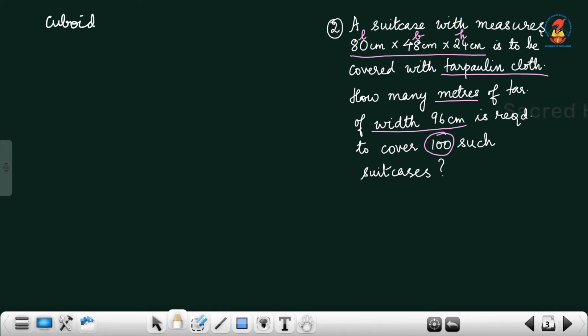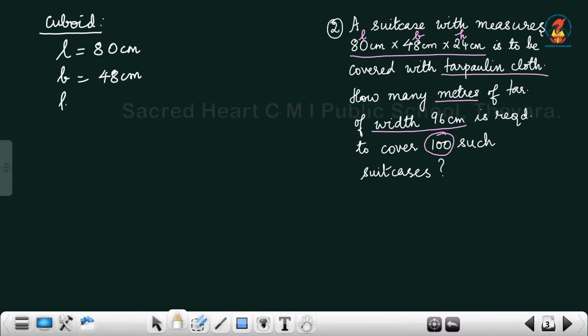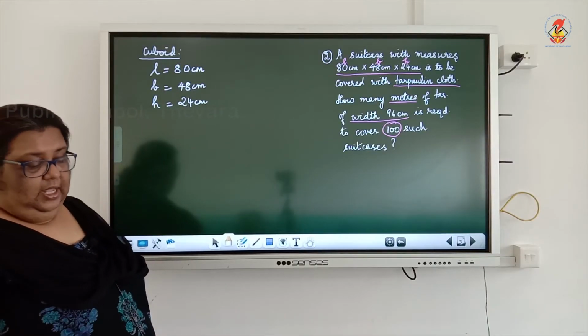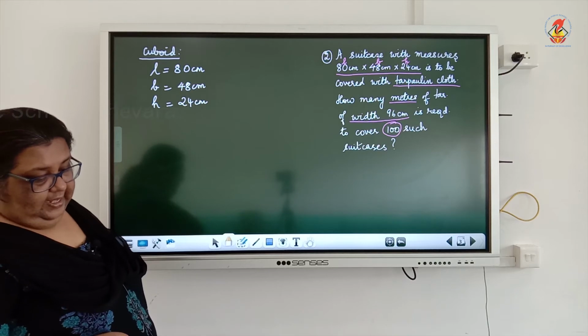So we can just write the heading as cuboid. What all informations of the cuboid do you know? Length is equal to 80 centimeter, breadth 48 centimeter, height 24 centimeter. Now since we are going to cover the cloth with the suitcase, we are taking the total surface area.